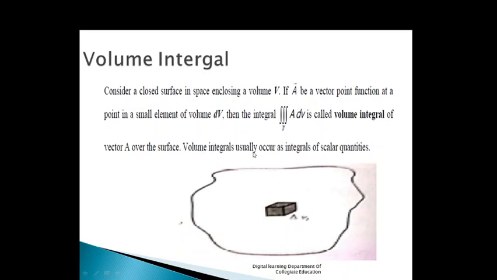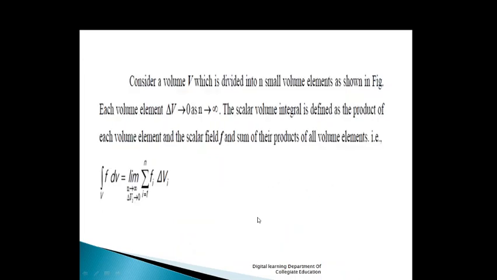Volume integrals usually occur as integrals of scalar quantities. Consider volume V, which is divided into n small volume elements as shown in the figure. Each volume element tends to 0 as n tends to infinity.